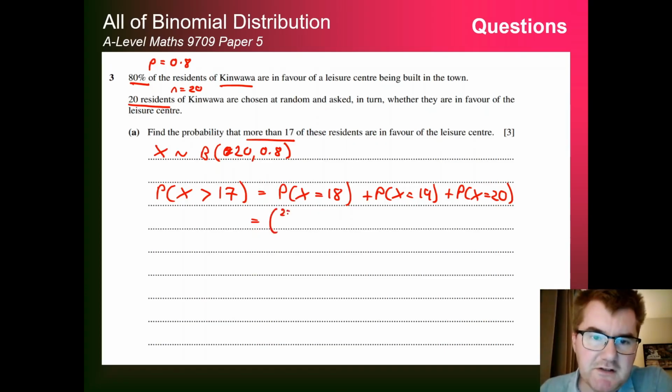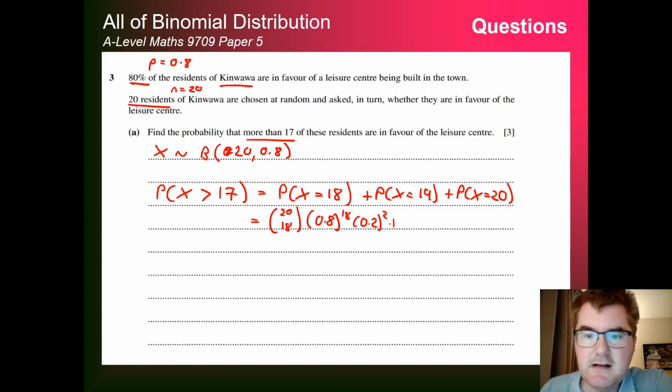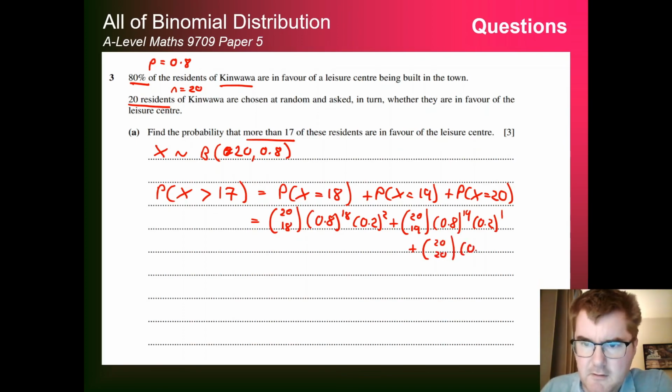Well, we have 20 choose 18, 20 coming from our residents we are asking, and then we have 0.8 to the power of 18, 0.2 squared, and then 20 choose 19, 0.8 to the power of 19, 0.2 to the power of 1, and then 20 choose 20, 0.8 to the power of 20.